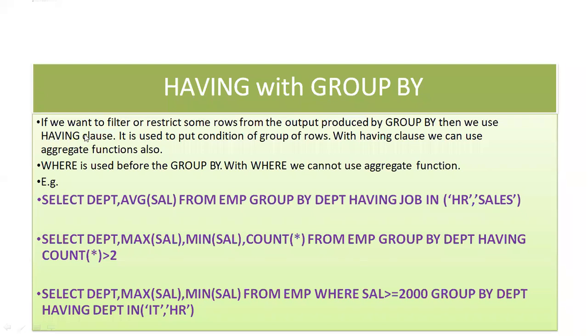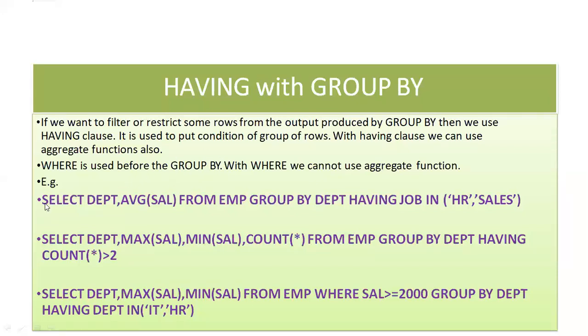What is the use of the HAVING clause? We can put a condition on groups of rows, and with HAVING we can use aggregate functions also. WHERE is used before GROUP BY, and with WHERE we cannot use aggregate functions.